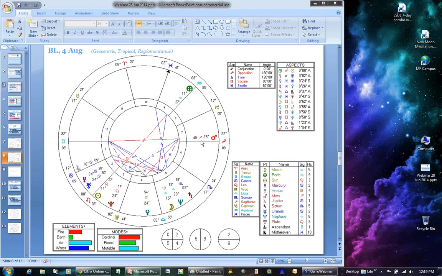And the opposition can be a tug of war, but it can also be a balance of that axis. And the inconjunct that I've got here has to work. I have to learn to walk a mile in these guys' shoes so that I can relate better to my ascendant's purpose.